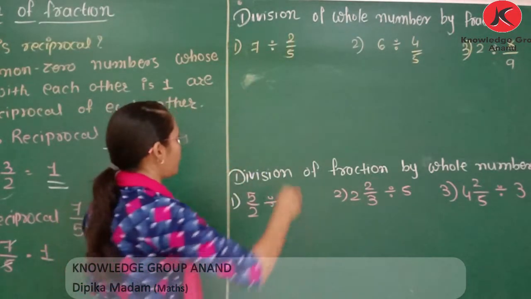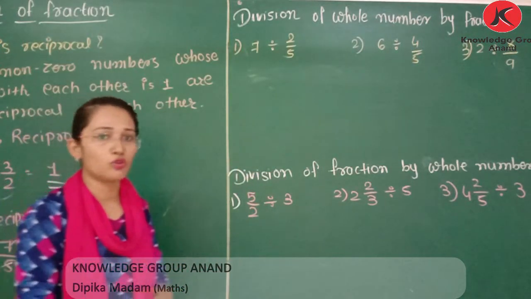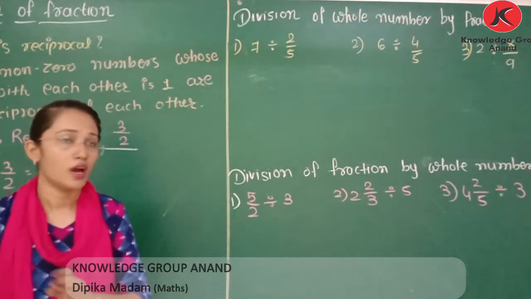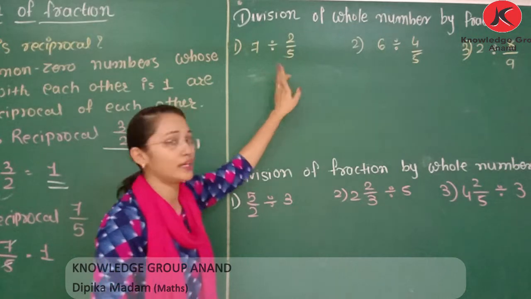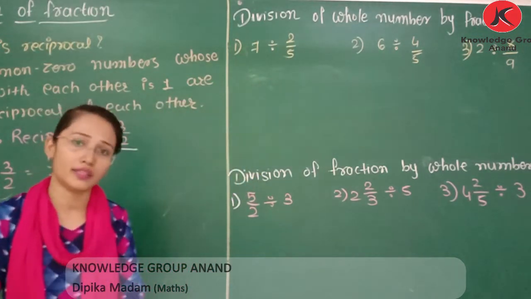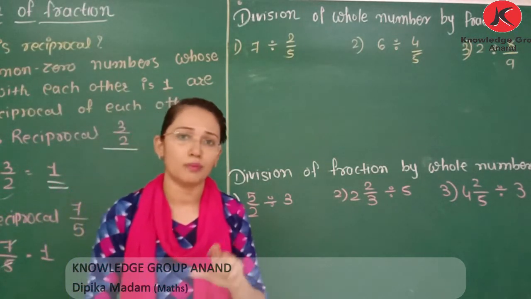In division, what do we have to do? Convert the division into multiplication. We know how to multiply fractions: numerator with numerator, denominator with denominator. But if there is a division, then convert the second number into its inverse, meaning write the reciprocal of the second number, and then multiply. We are converting division into multiplication.